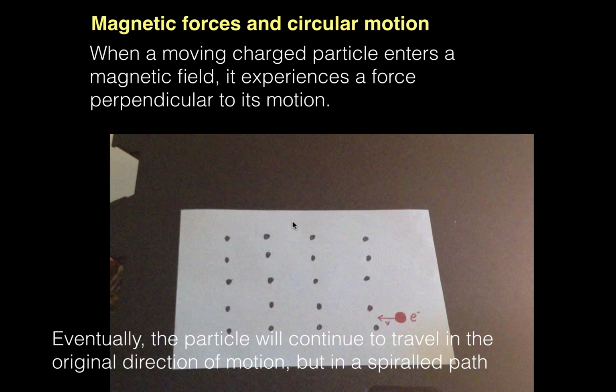As a result, the charged particle will continue to travel in the original direction of motion, but in a spiraled path. It looks something like this, until it exits the magnetic field.